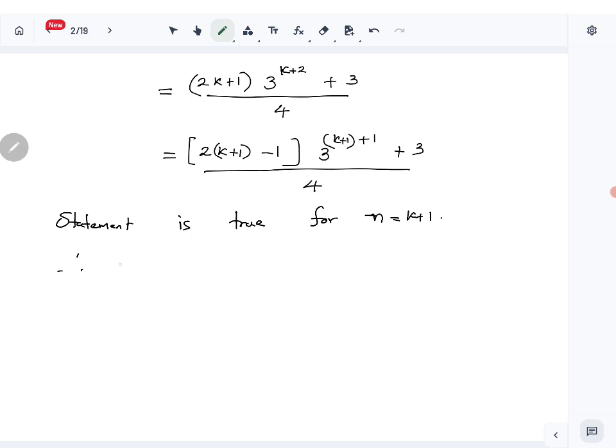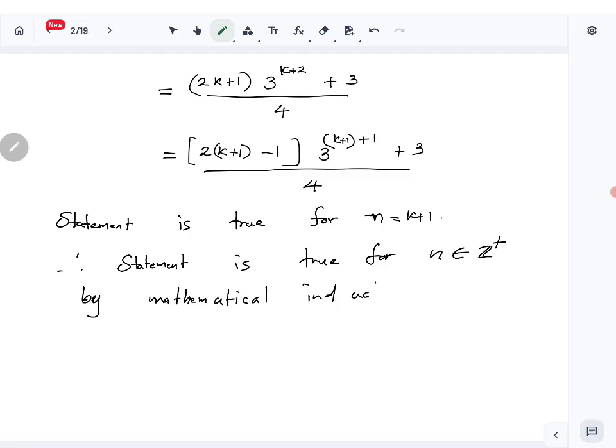Therefore, statement is true for n belongs to Z plus by mathematical induction principle. So that's how you prove the statement in question number 1. Next we'll look at question number 2.